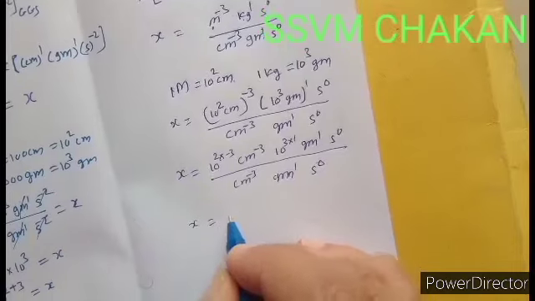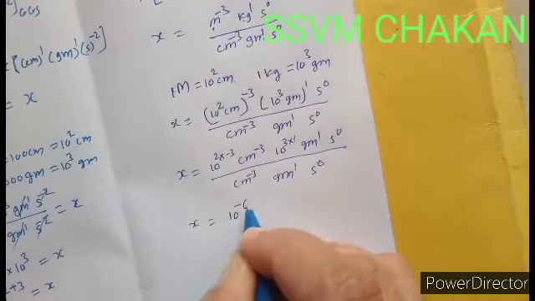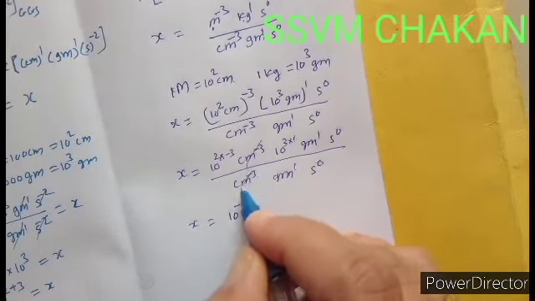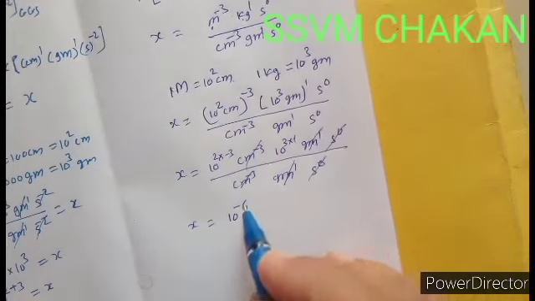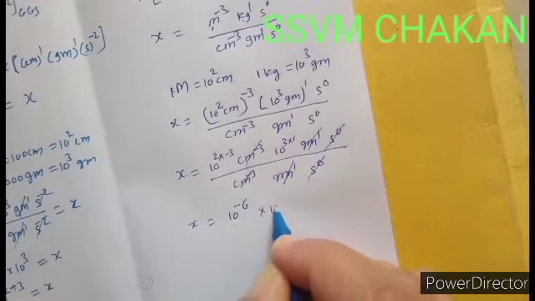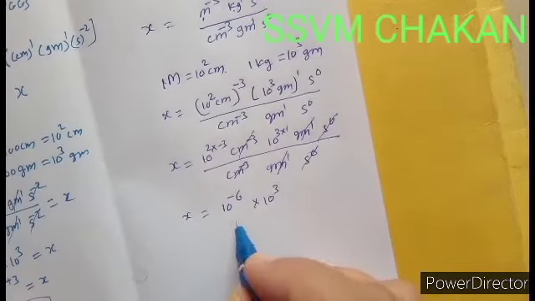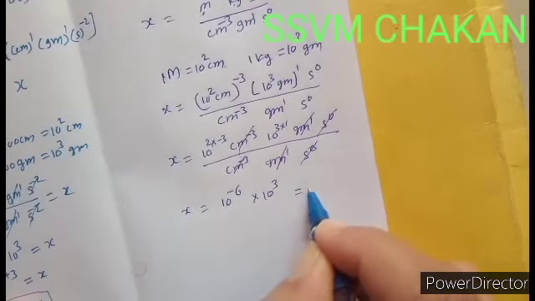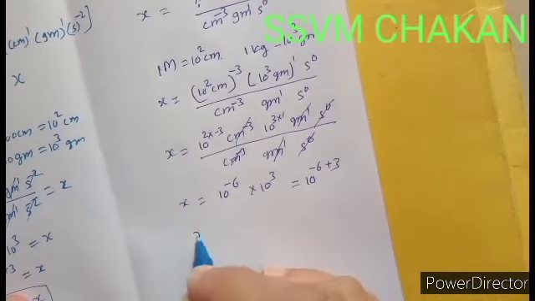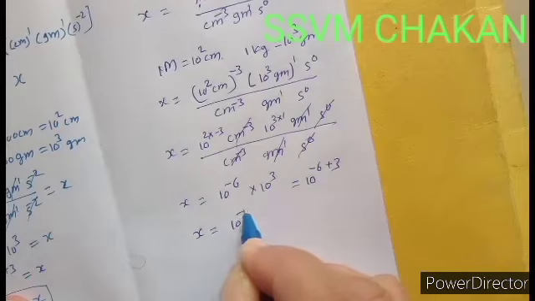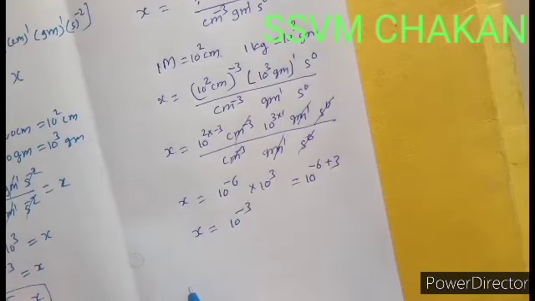So x is equal to 10 raised to minus 6, cm raised to minus 3 cancels, gm raised to 1 and s raised to 0 get cancelled, into 10 raised to 3. So base is the same, add indices: minus 6 plus 3 gives you 10 raised to minus 3.